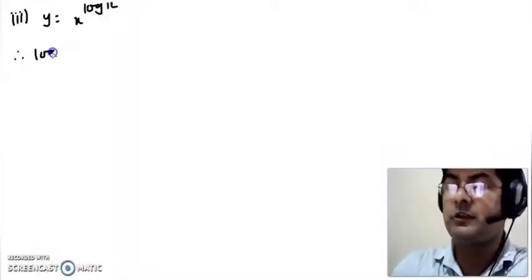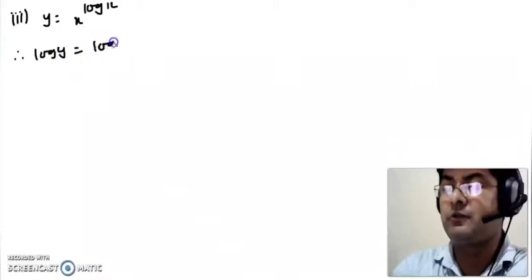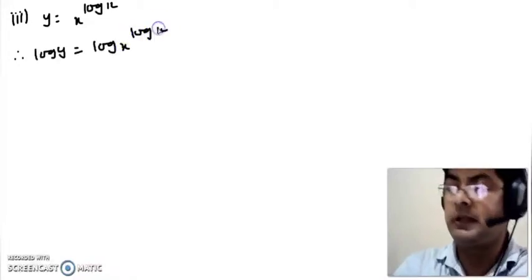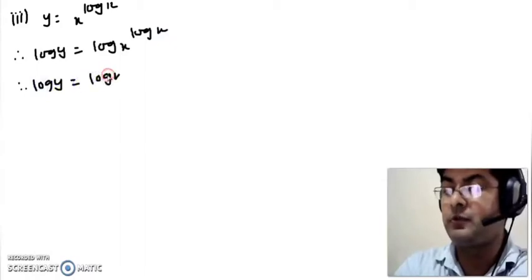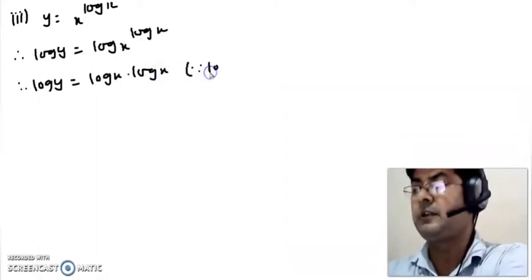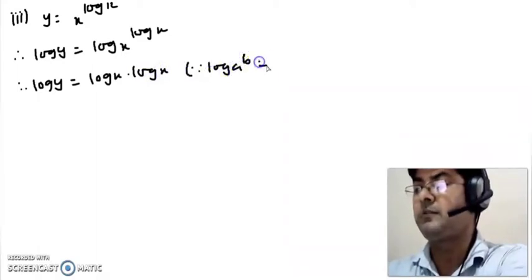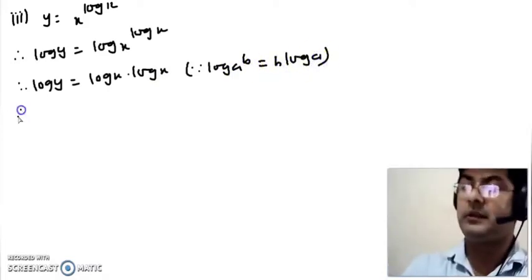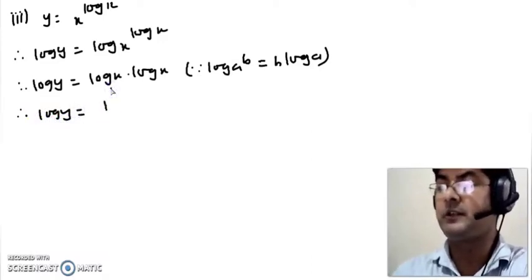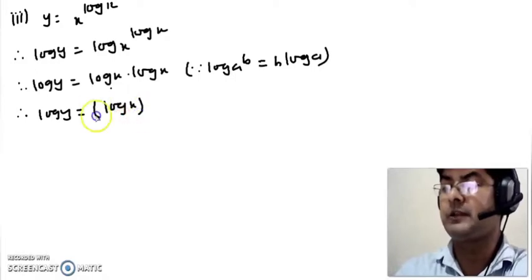Let us apply log, therefore log y is equal to log x to the power log x, and therefore we have log y is equal to log x into log x, since we know that log a to the power b will be equal to b log a. And therefore we can write one more simplified step. Now we have here log x into log x, so we can write this as (log x) the whole square.